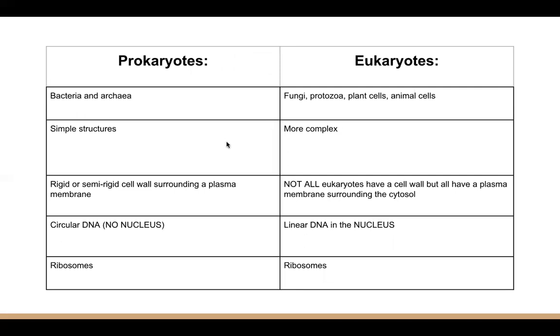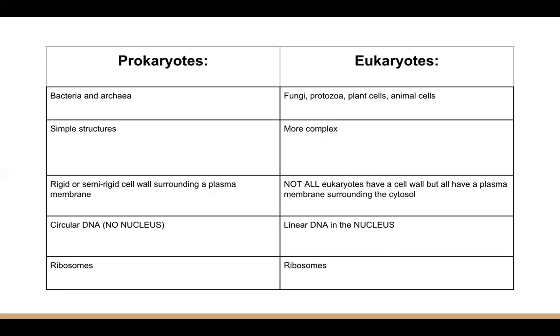All right, so this topic has been hit multiple times, but it is obviously a very important topic moving forward and for your final exam and probably the rest of your biology classes from here on out in college. So prokaryotes versus eukaryotes. I did a table here to compare and contrast.